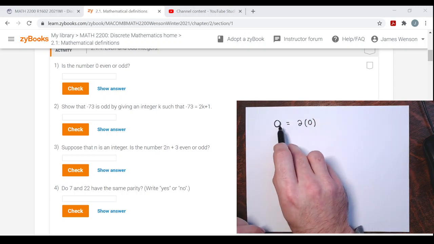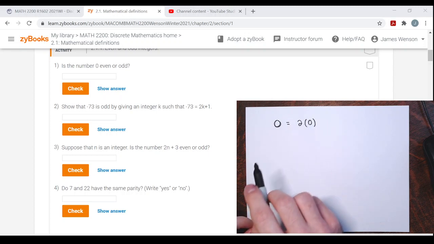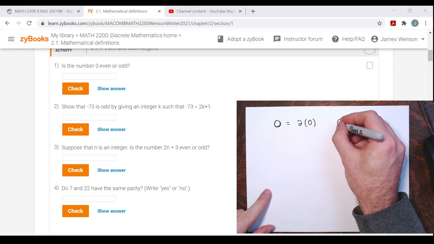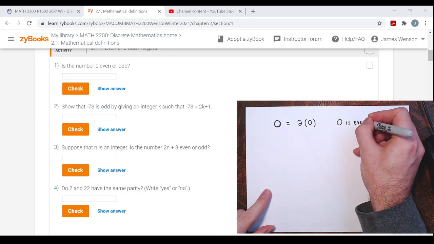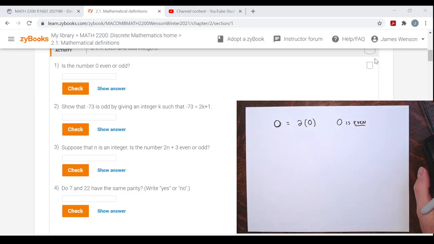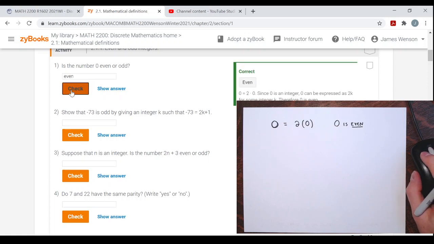So by definition, 0 is considered an even integer. So is the number 0 even or odd? Type in the word even.